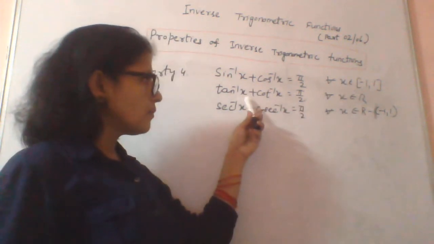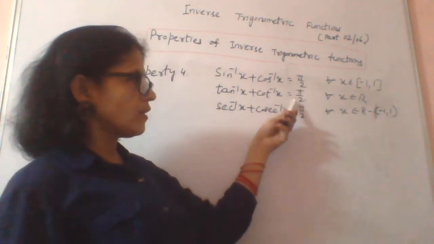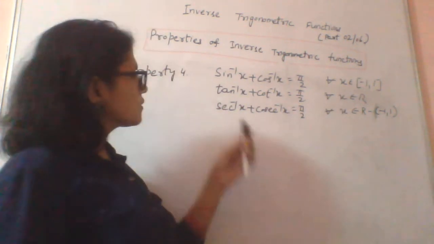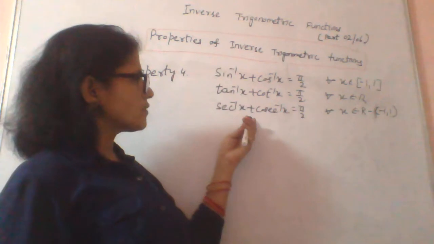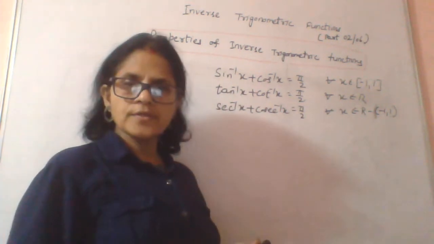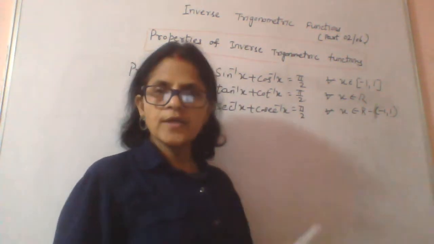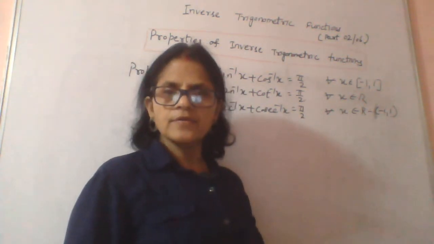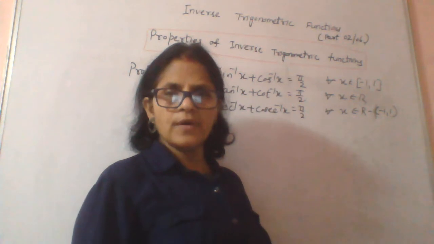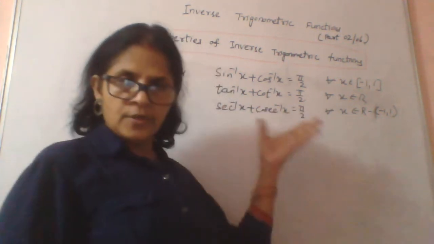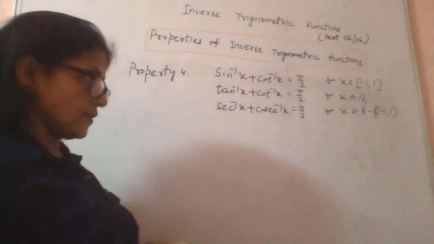Similarly, tan inverse x plus cot inverse x equal to pi by 2 for all x belongs to the set of real numbers. Third one is sec inverse x plus cosec inverse x equal to pi by 2. It is for all x belongs to the set of real numbers except the open interval minus 1, 1. So basically we are considering the domains of the corresponding inverse trigo functions.